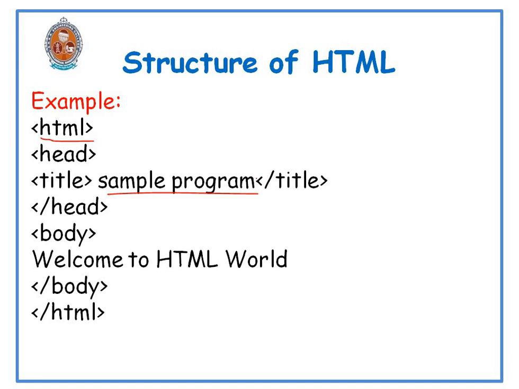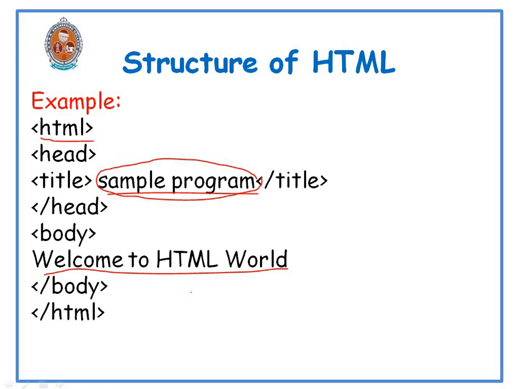So this text becomes the title for our HTML document. And coming to the body tag, inside the body tag we have written welcome to HTML world. So this text can be displayed on the body of the HTML document. So whatever text is written inside the body tag can be visible on the HTML document.